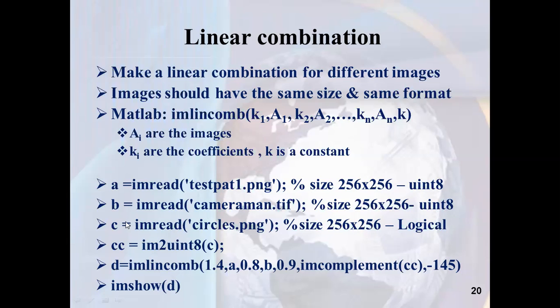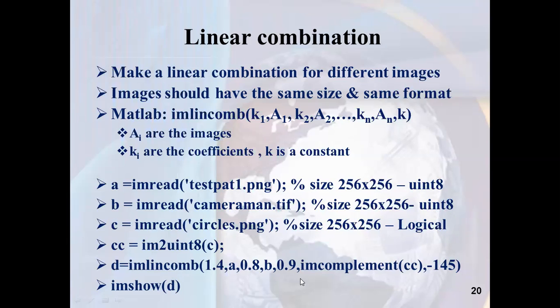So for that, I transform it to unsigned integer 8 in order to change the logical type. When I say logical, it means the values are 0 and 1. I transformed it into unsigned integer 8 to have 3 images with the same size and same type.